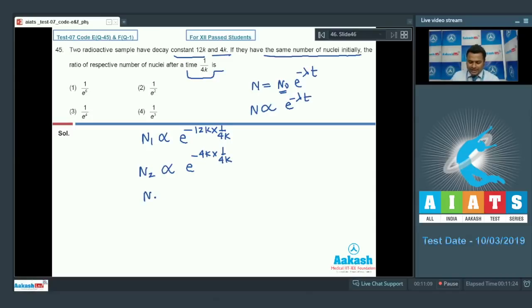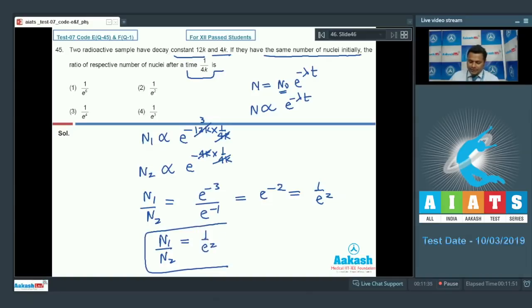Taking the ratios, we get N1 upon N2: 4K will be cancelled, giving minus 3 in one case and minus 1 in the other. So you will get e to the power minus 3 divided by e to the power minus 1, ultimately e to the power minus 2, which is equal to 1 by e square. So the ratio of N1 to N2 will be 1 by e square. So that's why we will go with option number 2, which is absolutely correct.